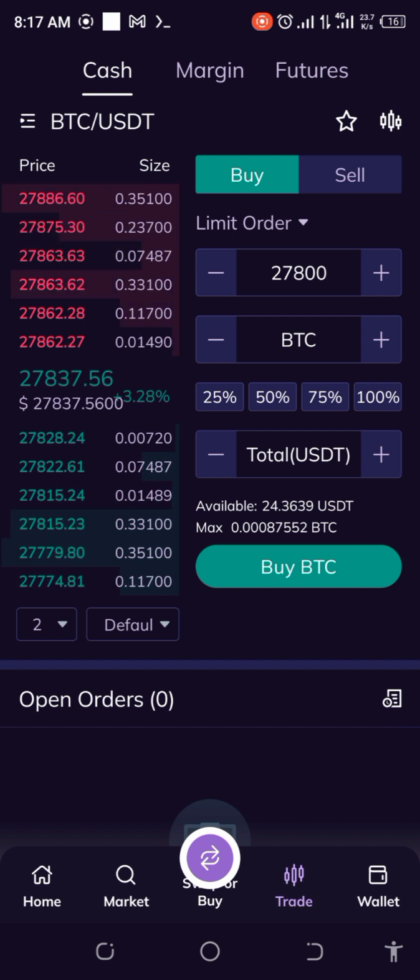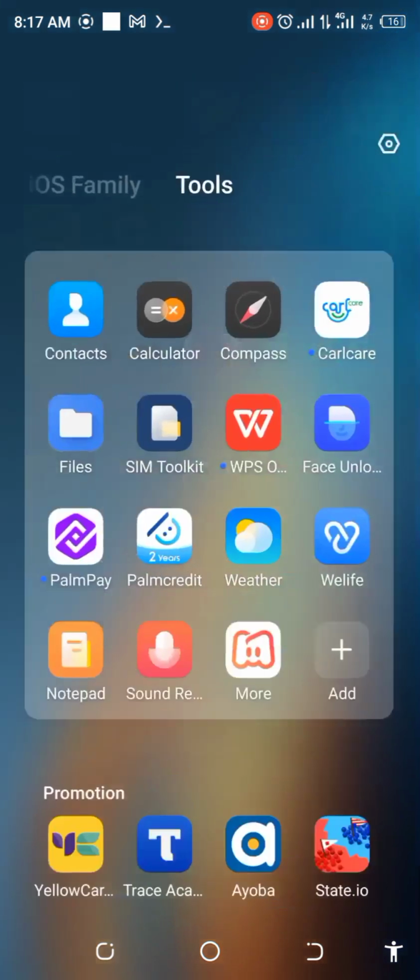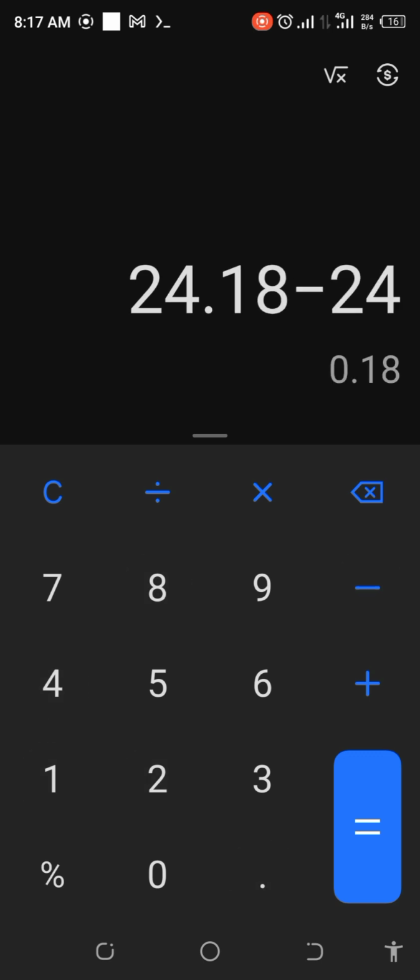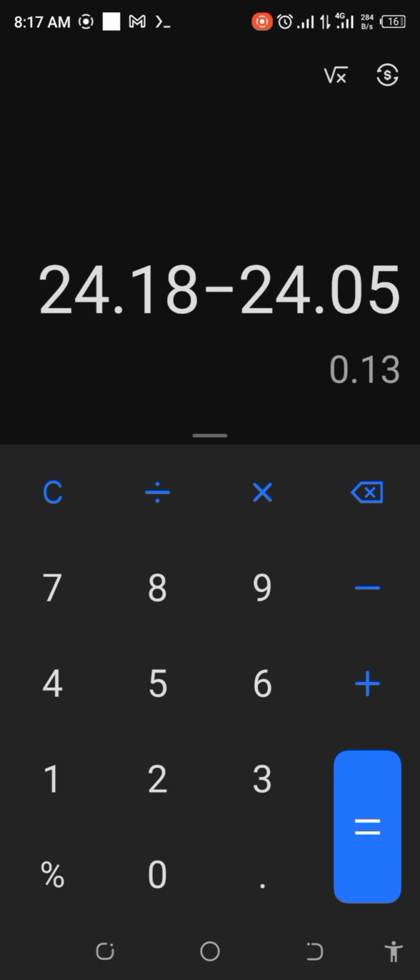So by the time we came back and we were able to change our BTC, we were able to make 24.18. So 24.18 minus 24.05. What did we get from that particular spot trading event? 24.18 minus 24.05. Okay, so we made 13 cents, which is good, right?